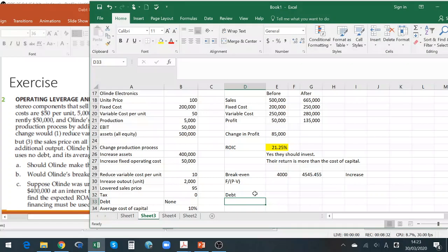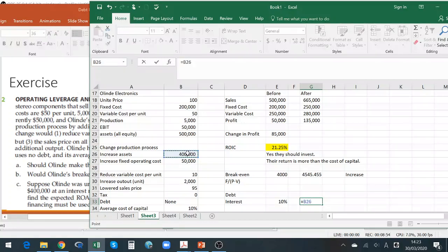So what's the difference between debt and equity? One of the differences is interest, and you have to pay interest of 10%, right? How much you need to borrow is 400,000, times the interest, 10%.